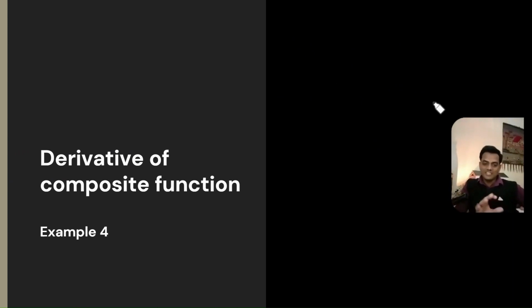Now it is x square log of sine of x, and we can rearrange it like this. How many functions are there now? x square is the first function, and log of sine of x is the second function. So the first function is multiplied by the second function.